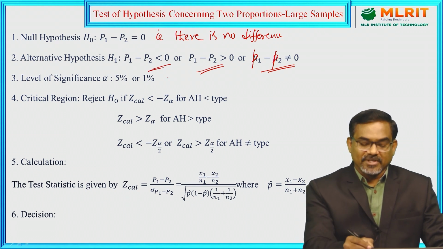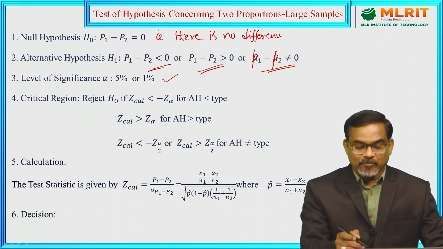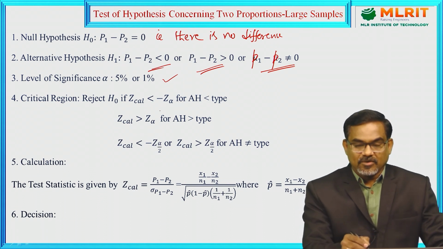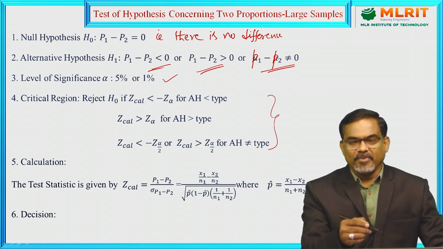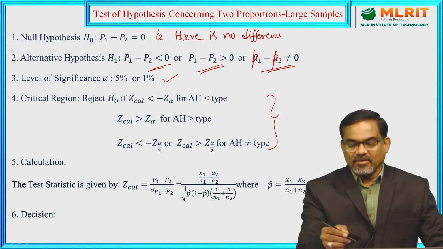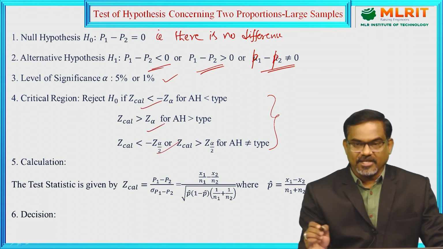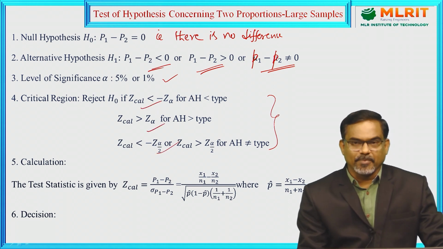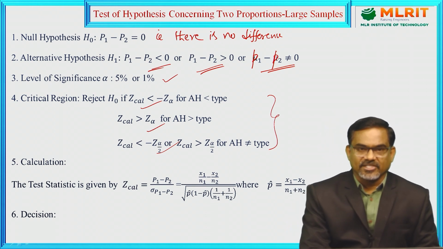Next, the level of significance will be given in the problem, 5% or 1%, the most general values, and the critical region. To reject the null hypothesis, we consider these conditions, and these are the same conditions that we have applied in means problems and even in one proportion for large samples. So again the conditions are the same, and in the calculation part we consider the test statistic.